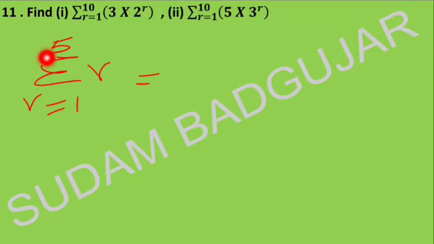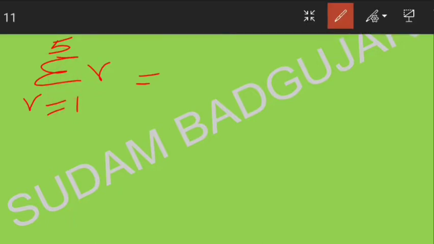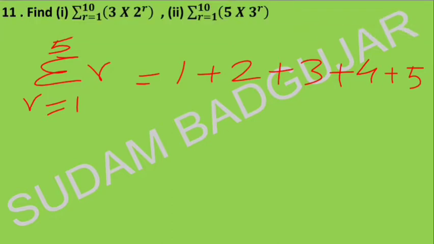Sigma r goes from 1 to 5 is the sum of 5 terms only, that is, replace r equal to 1, that is 1, plus r is 2, plus r is 3, plus r is 4, plus r is 5. That's it. You can find their addition, but you must remember the meaning of sigma, the sum of 5 terms.